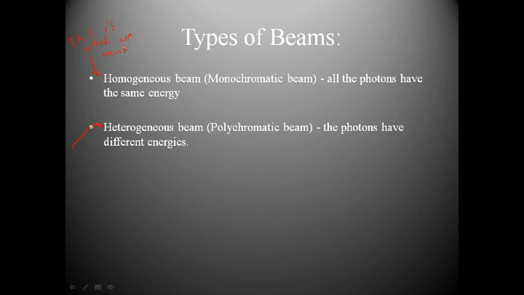It would be very hard to get an accurate reading because the tables would be skewed. That is very similar to what we have here. If we have all different energies, it's very difficult to ascertain which photons are being attenuated and which are simply not able to make it to the patient. That's why we have a filter.